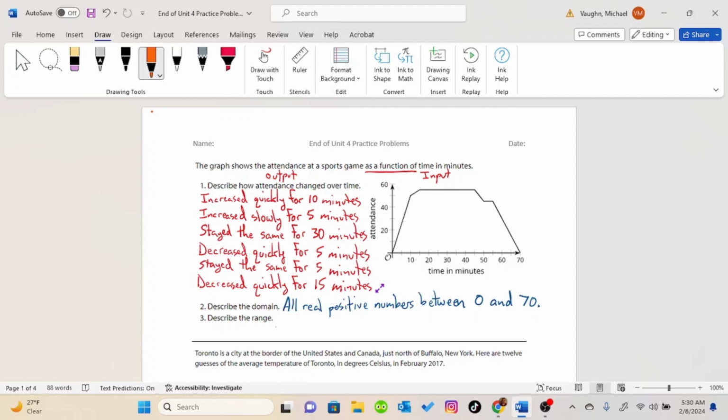So we would say all real positive numbers between 0 and 55.